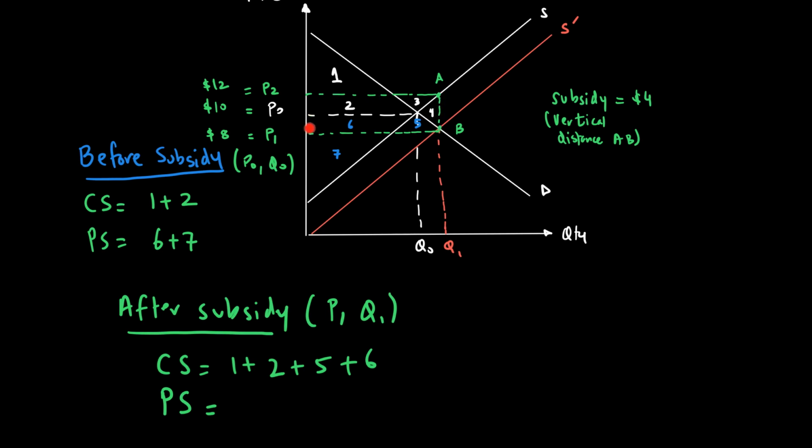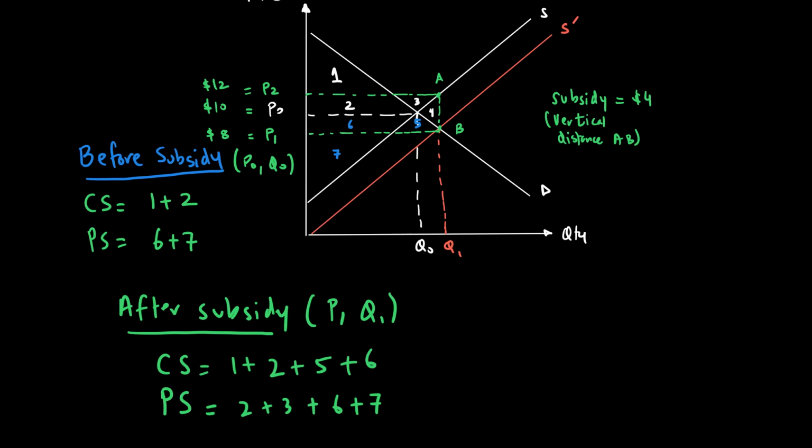He's pocketing 8 plus 4 more. So the producer is effectively getting $12, which is P2. So all the area under this price P2 and above the supply curve will be the producer surplus, which is 2 plus 3 plus 6 plus 7.